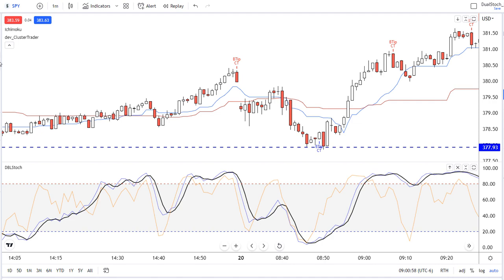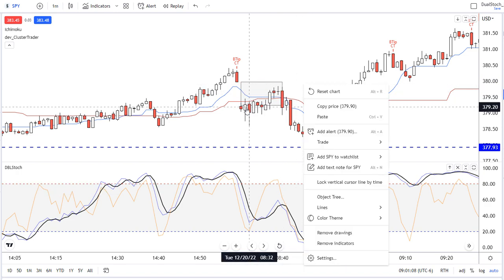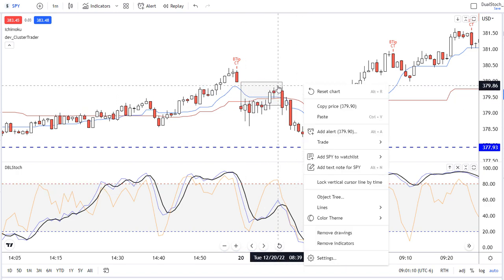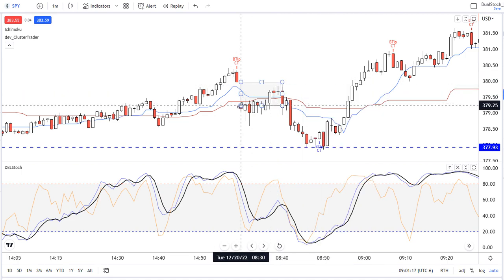Again, filling the gap is filling the distance between the prior day's close and this day's open. I'll draw that across, and you can see that right here we rallied up and filled about 90% of the value of the gap. Now there's a reason the market gapped down this day.